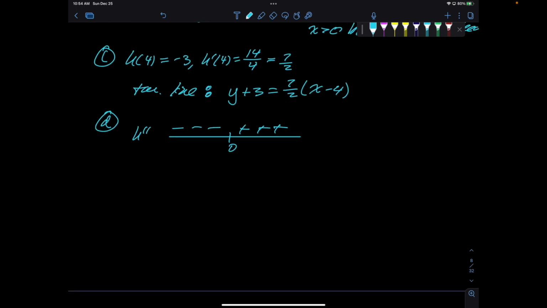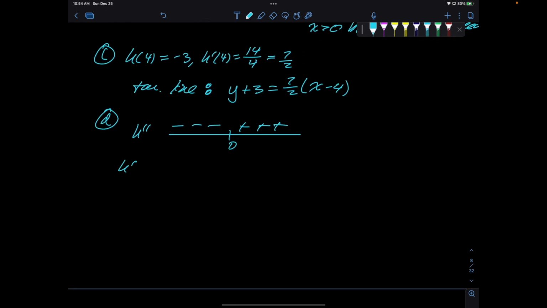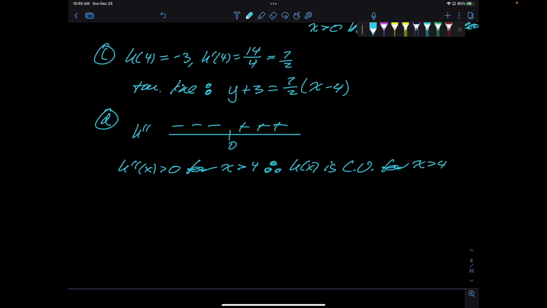So h double prime of x is greater than 0 for x greater than 0, but also greater than 4, which is the question. Therefore, h of x is concave up for x greater than 4.